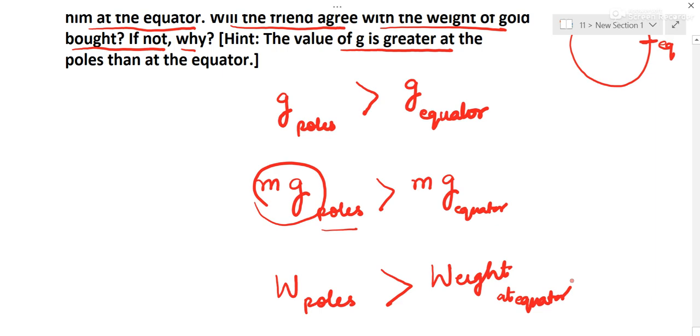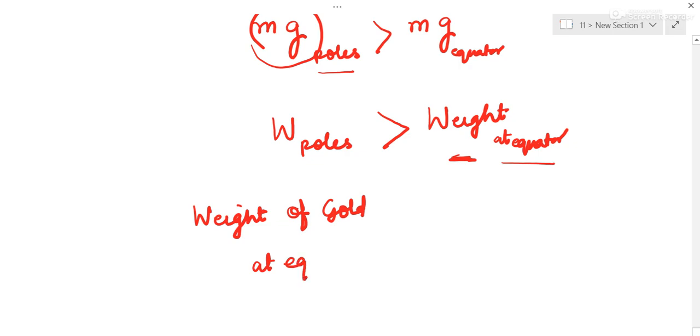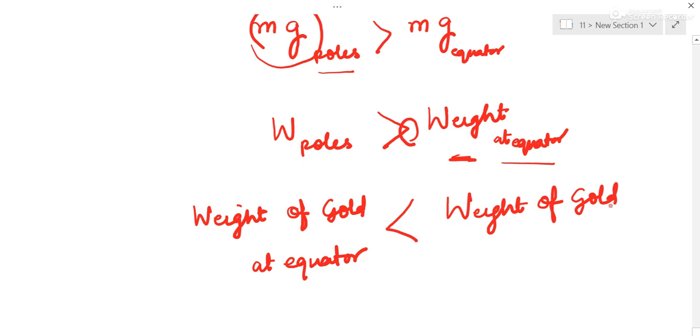So, that means weight of gold at equator will be less than weight of gold at poles.